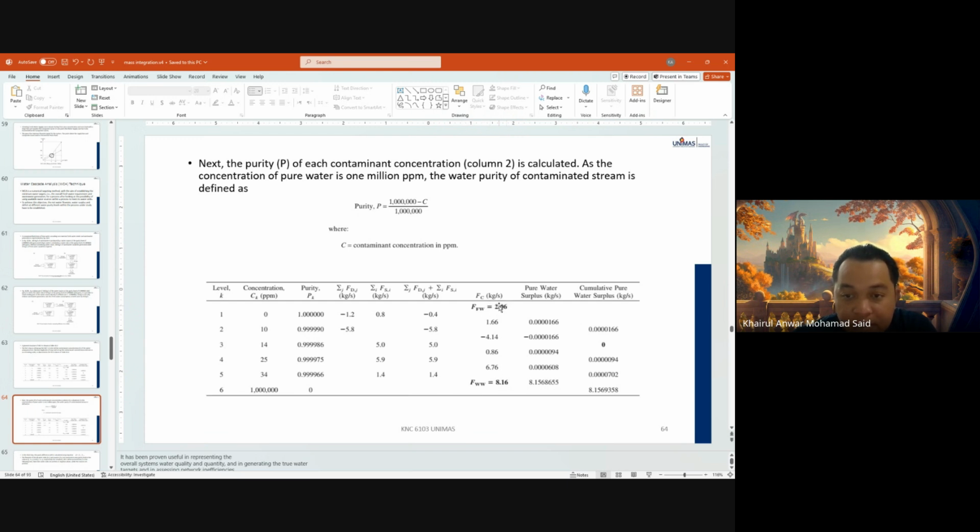So 2.06 minus 0.4, you get 1.66. 1.66 minus negative 5.8, 1.66 minus 5.8, you get negative 4.14, plus 5, and so on until you get the FWW.